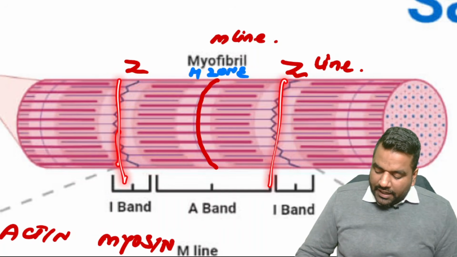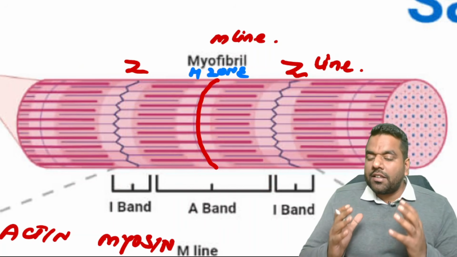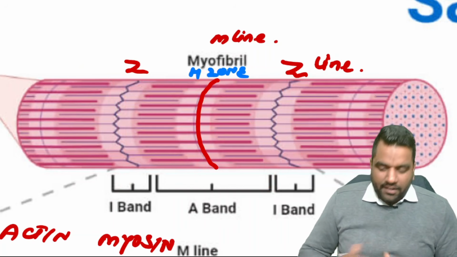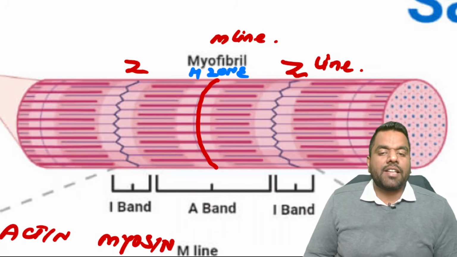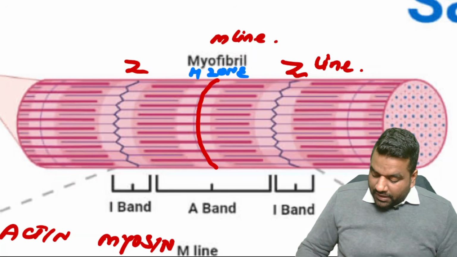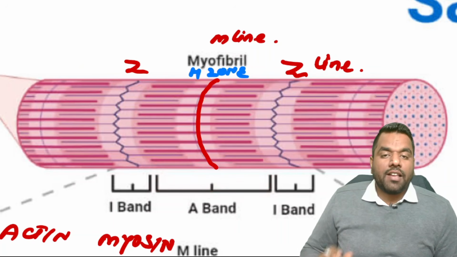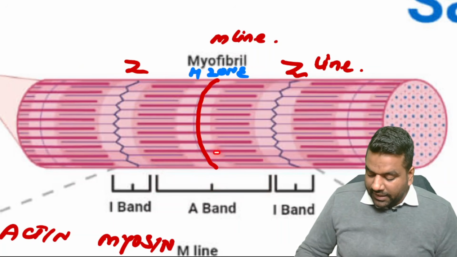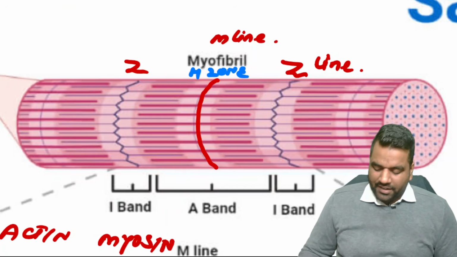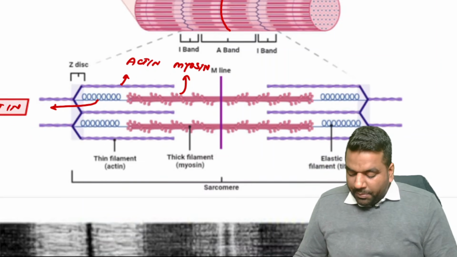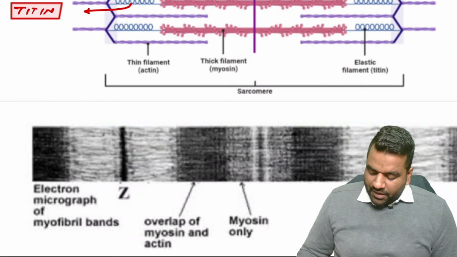Then there is a middle line we call the M line. There are two bands, I band and A band. The I band is only the actin area and the A band is the actin and myosin area. The H zone is only the myosin-containing area, and it is present in the middle of the sarcomere.